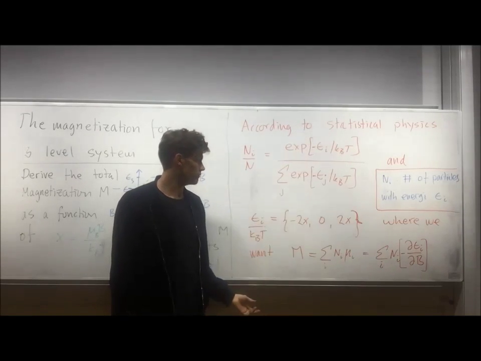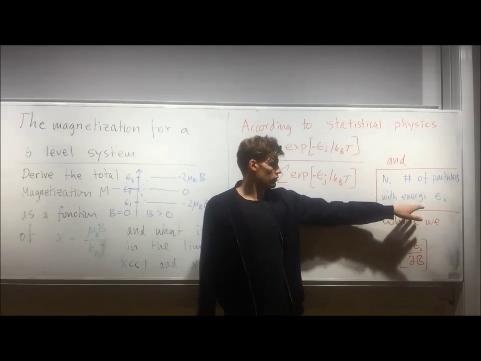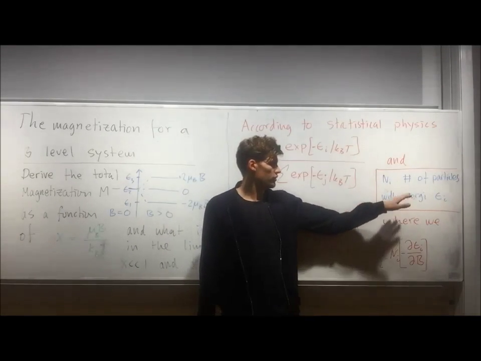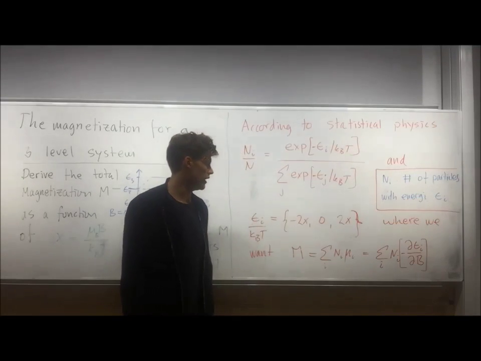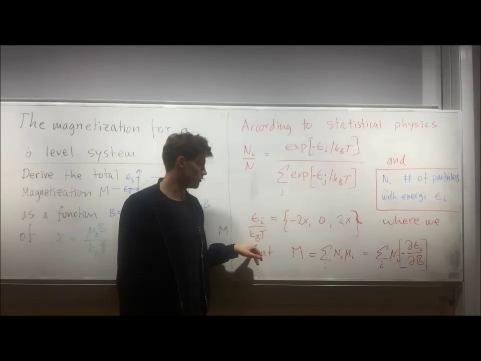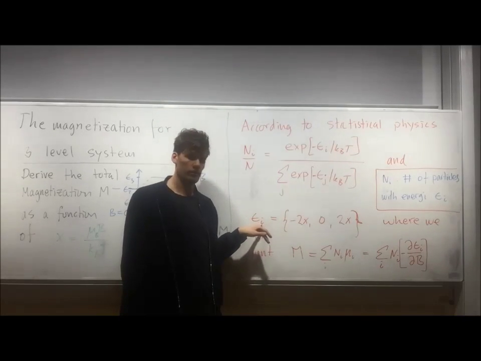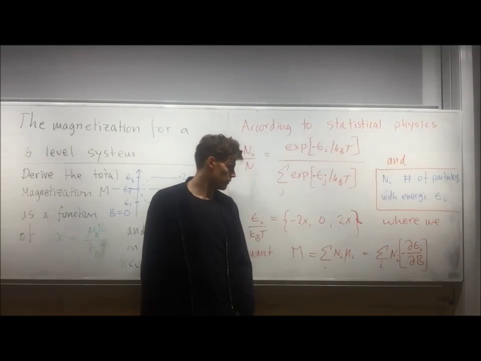So we have this expression which is known to you. And here you also see that Ni is just the number of particles with energies Ei. Okay, so these, in terms of x for different i's, 1, 2, and 3, are denoted like this.